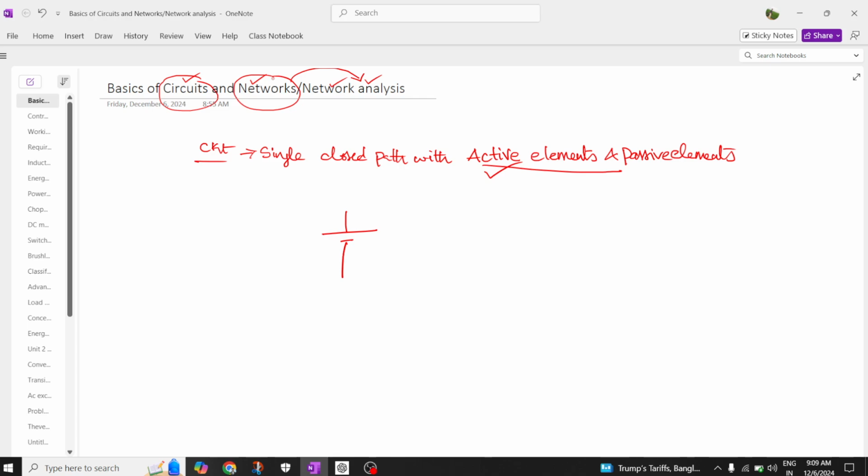a battery or a voltage source of 12 volts, and this 12 volts is consumed by one resistor and one inductor. So this I am going to call R ohm, and this I am going to call L Henry.